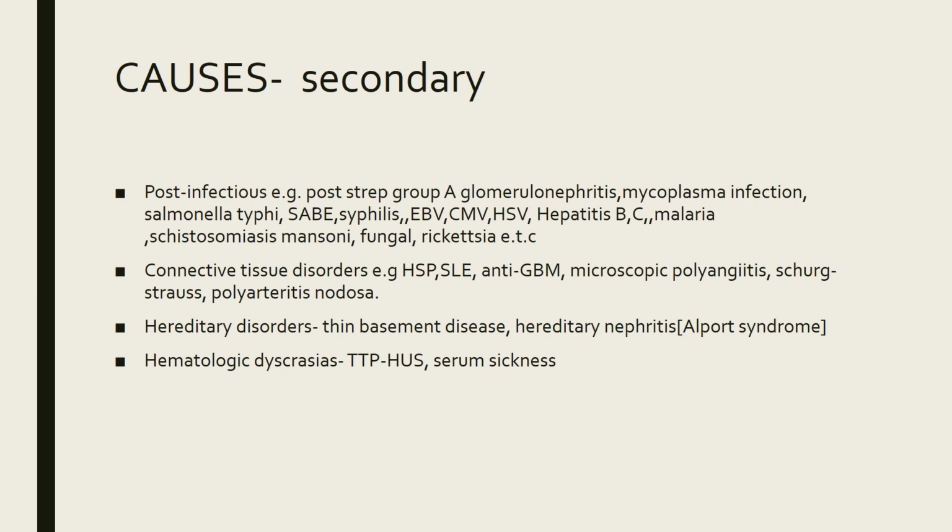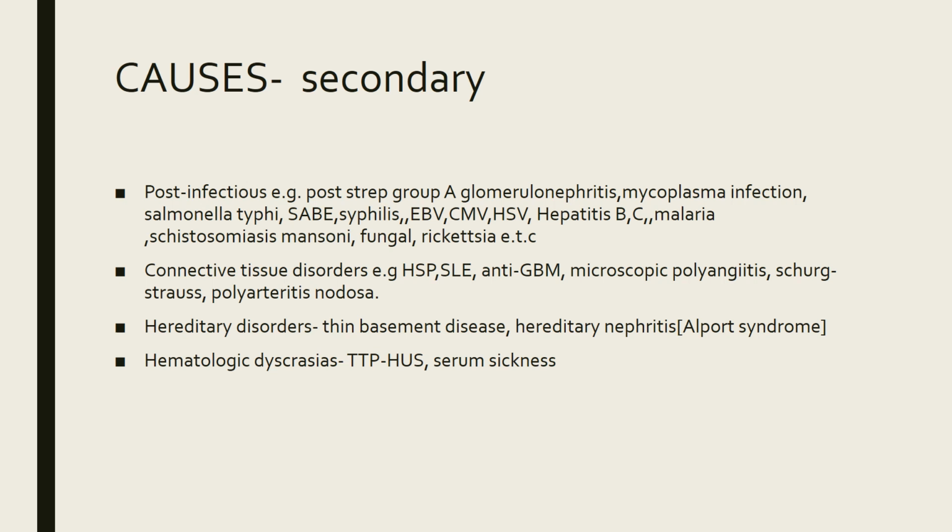Other causes may be viral, so infections after hepatitis B, hepatitis C, EBV, CMV. Parasites may also be associated with a nephritic picture, parasites such as schistosoma and the more chronic forms of malaria. Fungi and rickettsial infections have also been described to be associated with the nephritic syndrome.